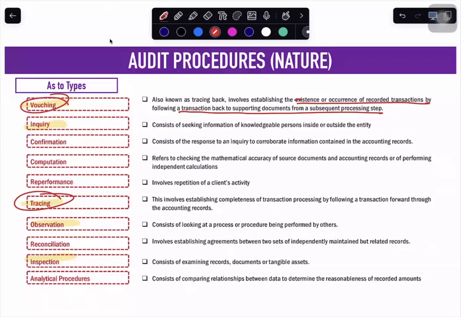Again, it involves establishing the existence or occurrence of recorded transactions by following a transaction back to supporting documents. So meaning, from the records, you look into the documents. So generally, the assertion here is existence.